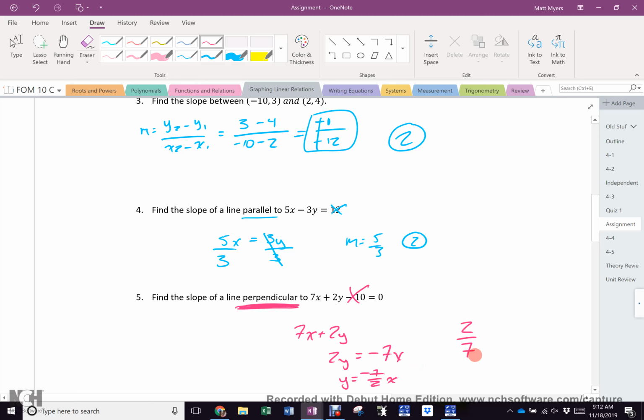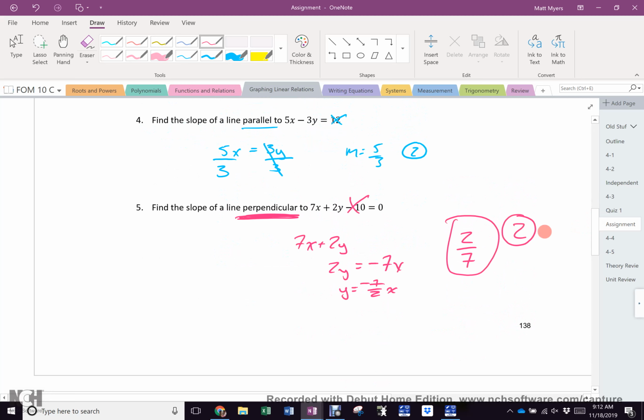Let's start calling fractions what they are. Right? We're in the 10th grade. 2/7. Yeah? Also for 2 marks. Because the only thing you really need to know there is parallel and perpendicular. It really should only be out of 1 because the algebra you should already be able to do.